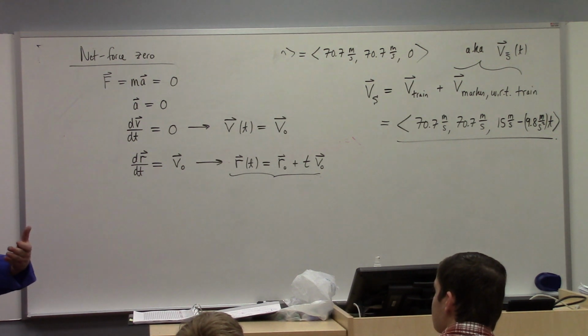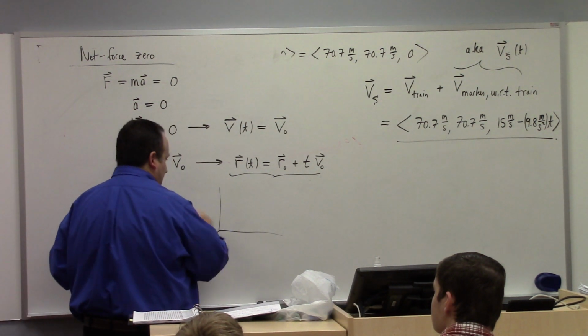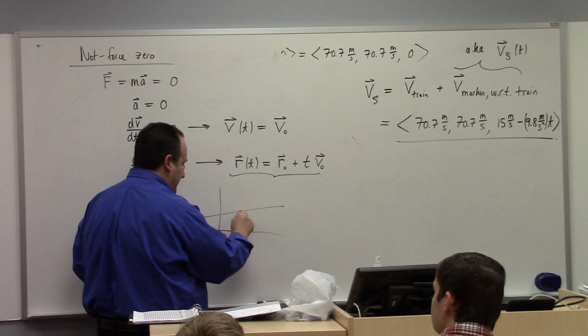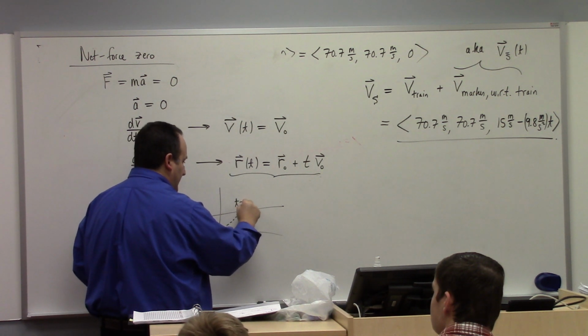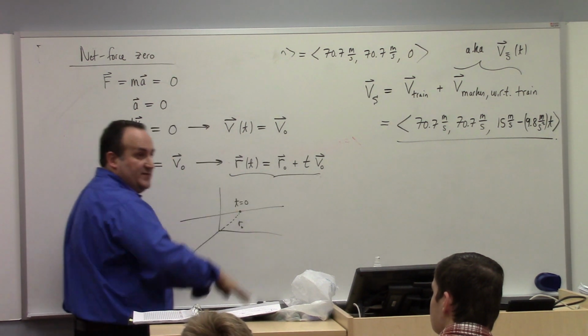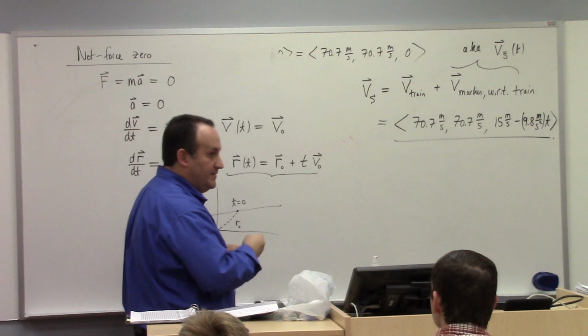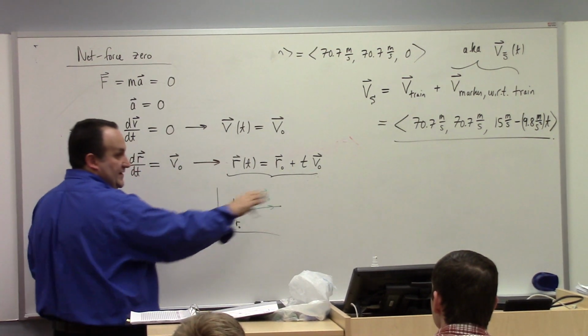That is a linear path. If I was to graph it, it's a line. If I pick some time 0, we're at position r0, that's where t equals 0, right? And then as time goes on, you go in the direction v naught, forever and ever, amen, yeah? So like this. It goes on and on.